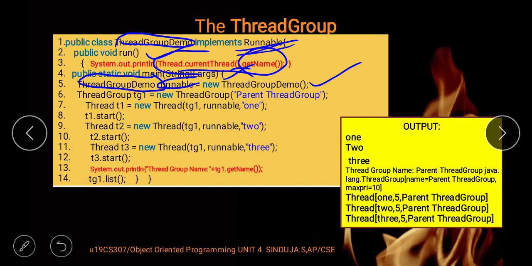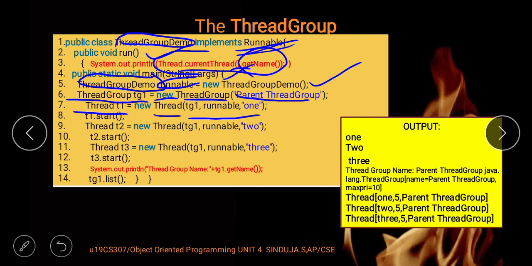See here, ThreadGroup tg1. ThreadGroup is my parent class. I created an object; that constructor carries a string, and that string is the name of the parent thread group. Then I have created the object t1, Thread t1. This Thread class receives a constructor with three parameters. The first parameter mentions which group this thread belongs to.